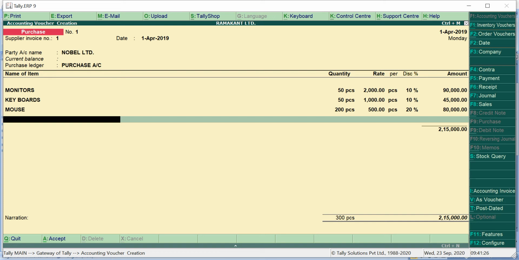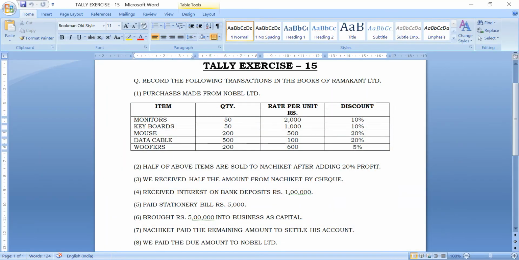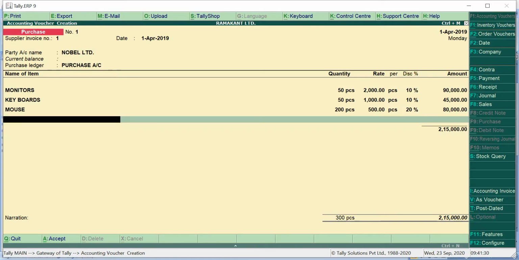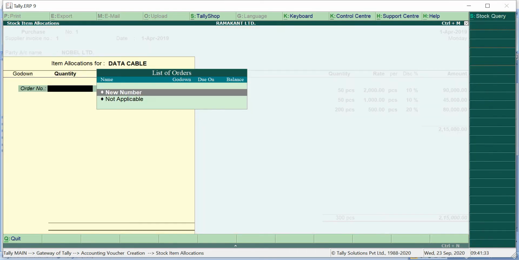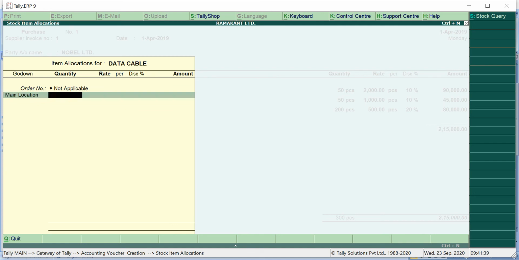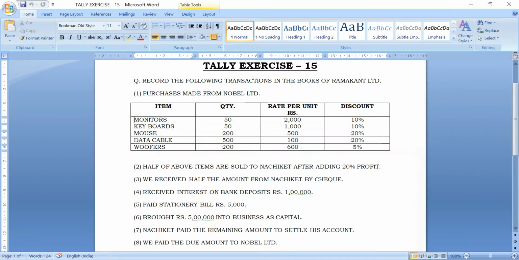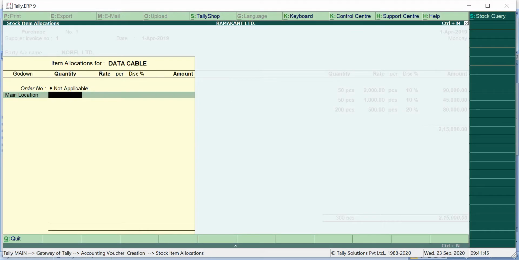Then it's the next, data cable. Press D and we will have data cable. In list of orders we give not applicable, right? Quantity of data cable 500 and rate is 100.